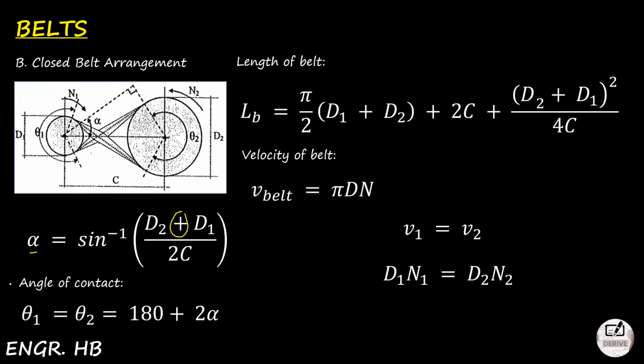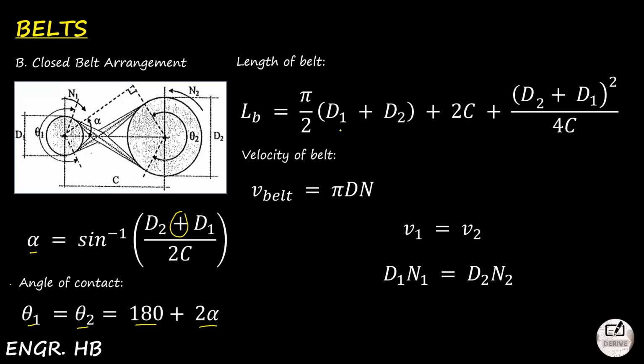And sa angle of contact naman, parehas sila, which is 180 plus 2 alpha for both angle of contact ng small and large diameter pulley. At makikita mo naman sa figure na talagang same sila. So they are both larger than 180 degrees. Unlike sa open, ang smaller pulley is 180 minus 2 alpha at si larger naman is 180 plus 2 alpha. So dito naman sa closed belt, that will be equal.